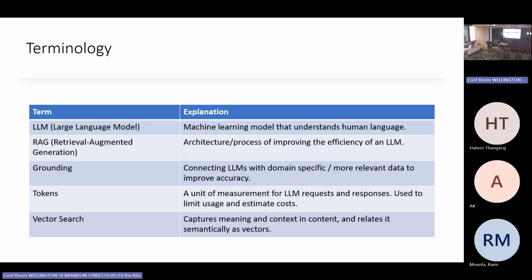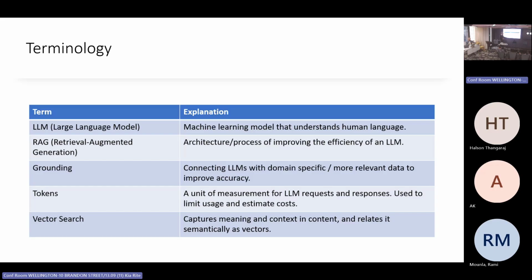And that is the architecture or process of making an LLM more efficient and contextual to what you're doing. Grounding is key to the RAG process. So grounding is basically getting your large language model and narrowing it down or giving it the context of your own data.